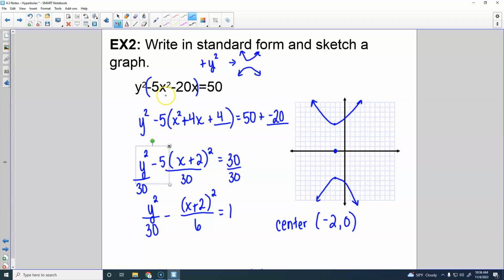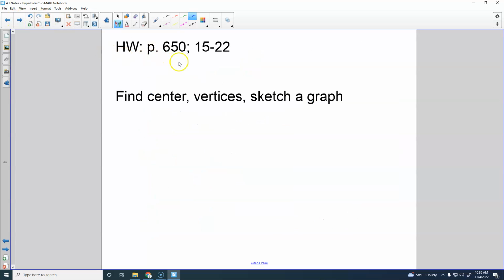Good. Okay? All right. So your assignment is from a textbook page, so that is on Canvas for you. It's going to have directions that ask you to do more. What I want you to do is do center, vertices, sketch a graph.